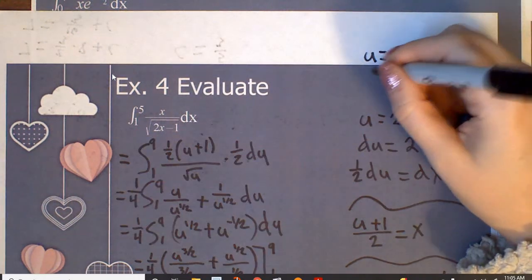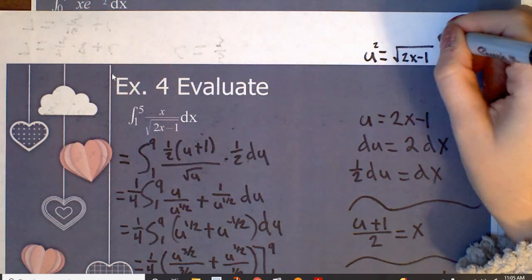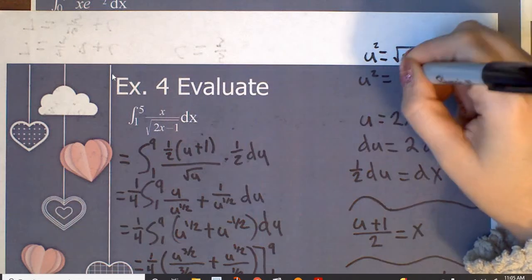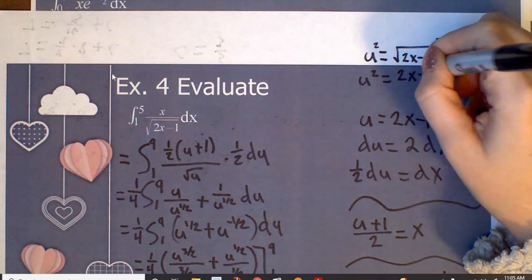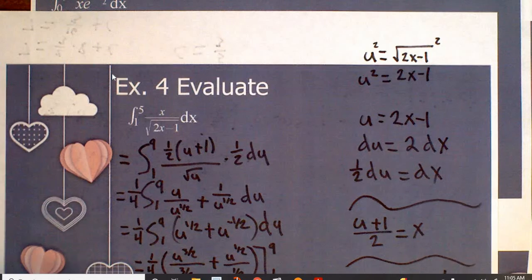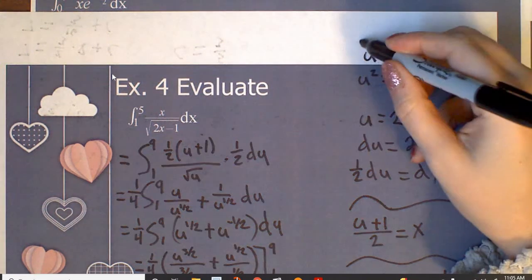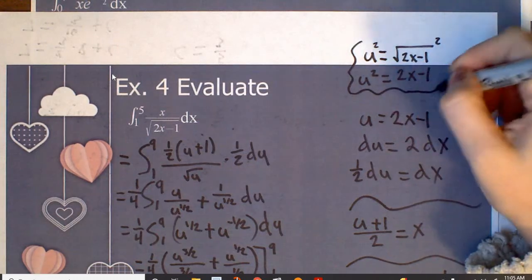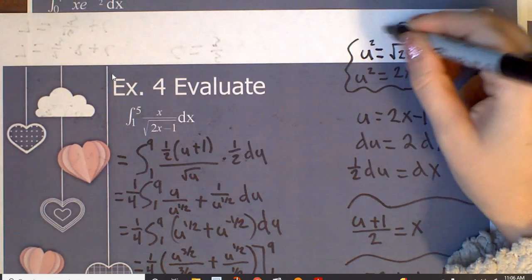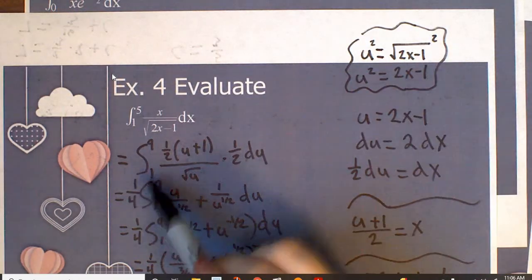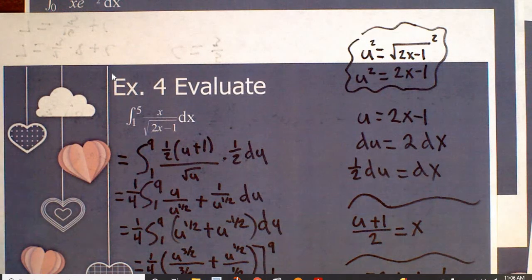And then they square both sides, so they get u squared equals 2x minus 1. And then they take the derivative and do the u substitution that way. So again, you'll end up with the same answer because they used a different u. Their bounds are going to be different than mine. However, you do end up with the same answer. So you can do it either way.